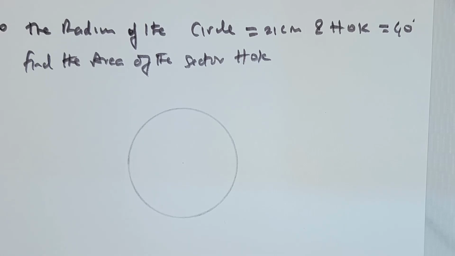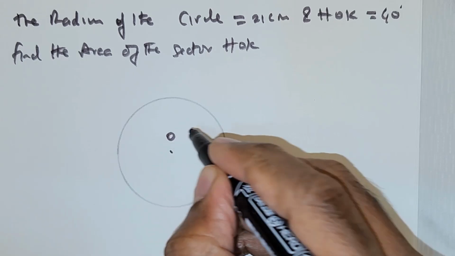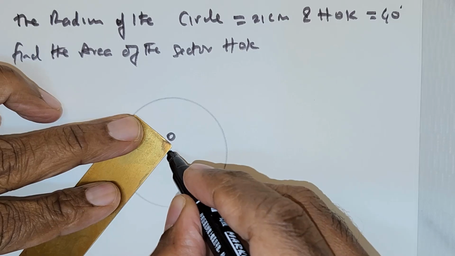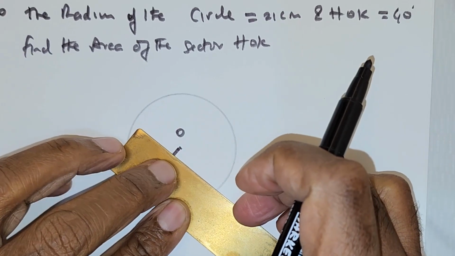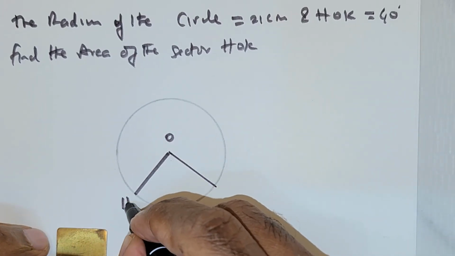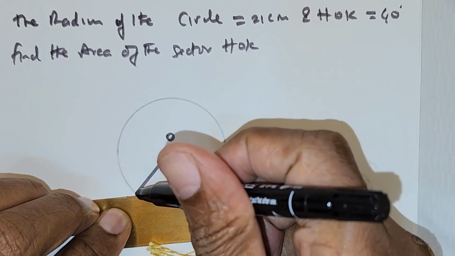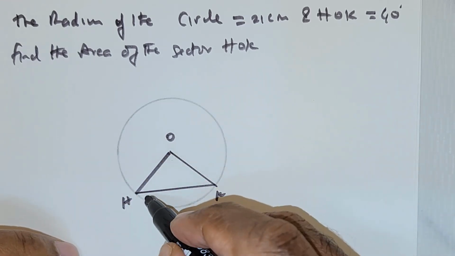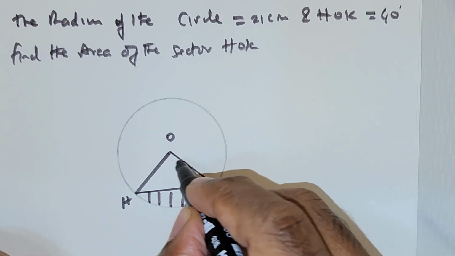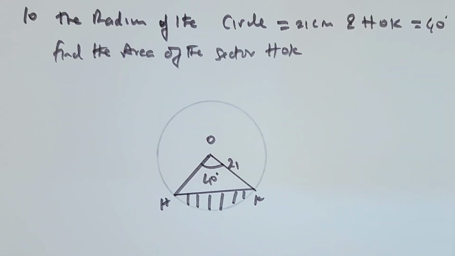Okay, we got the circle there, the center O, and we have the sector. This is H, this is K, there is a chord there, and this chord is shaded, and this angle is 40 degrees, this is 21 cm.